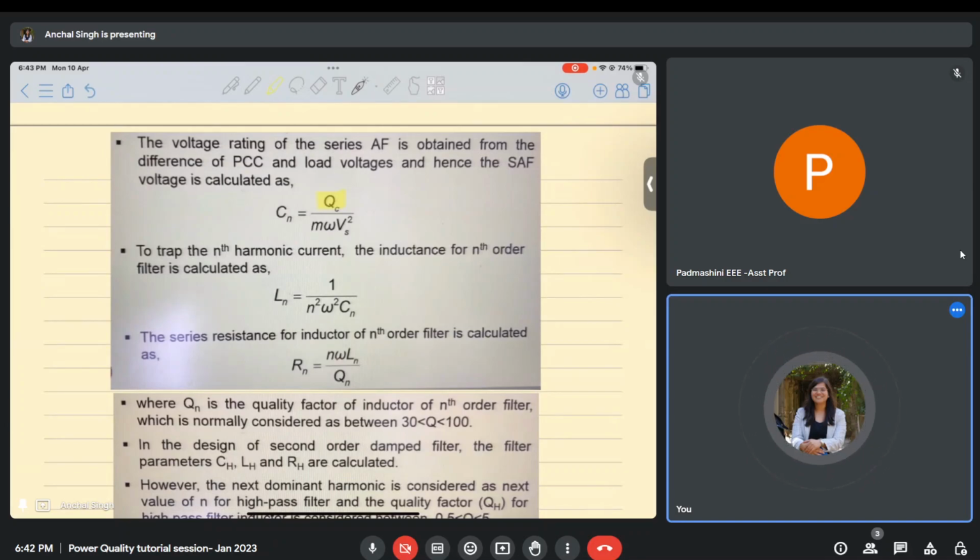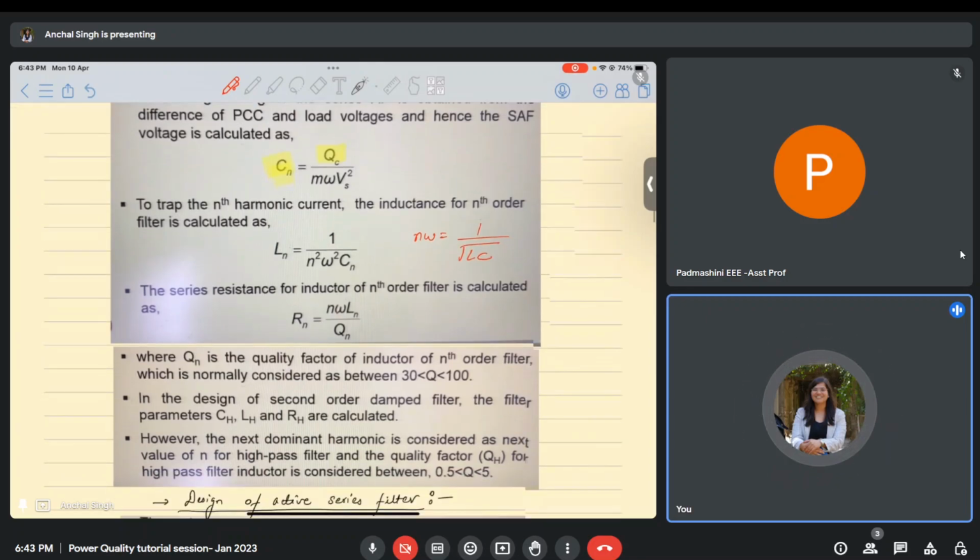Once you obtain the reactive power requirement, we calculate the capacitor sizing by assuming that identical capacitors are placed in all the branches. After finding the value of capacitor, using the formula for the frequency of LC filter, omega equals 1 by root LC, we find the inductance value.